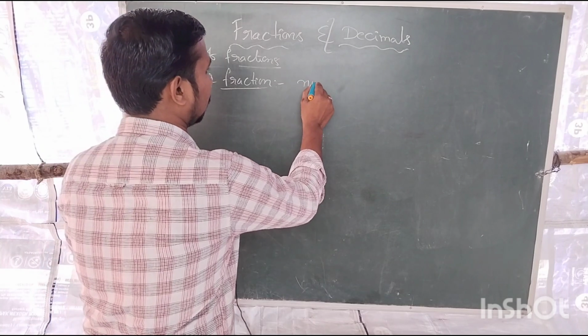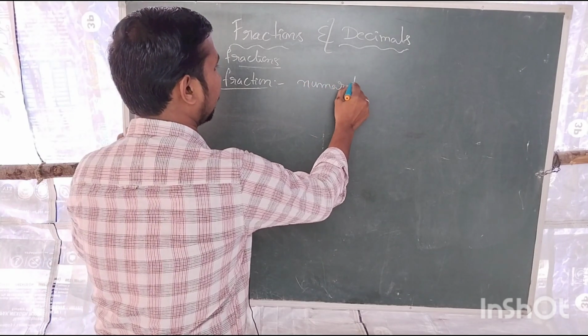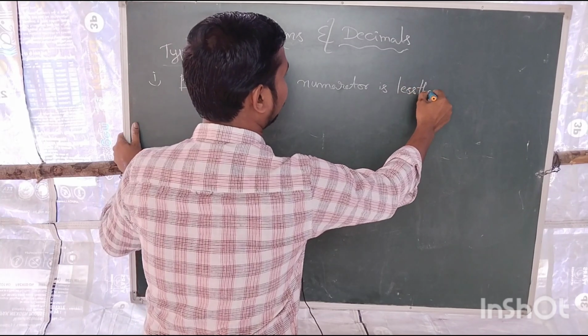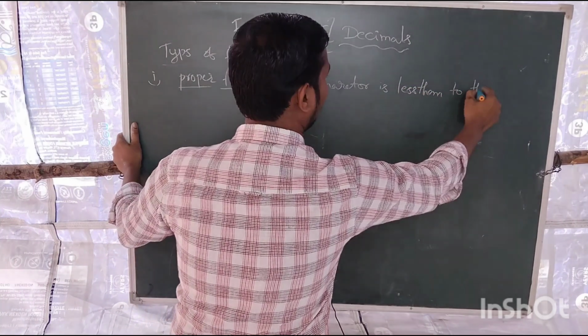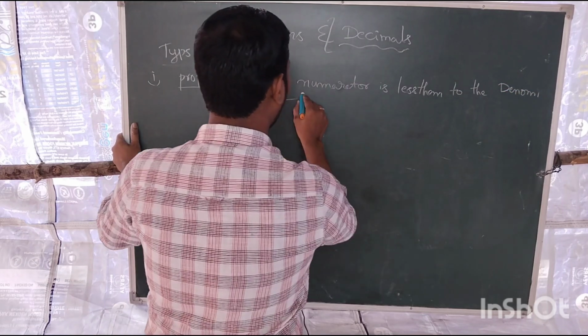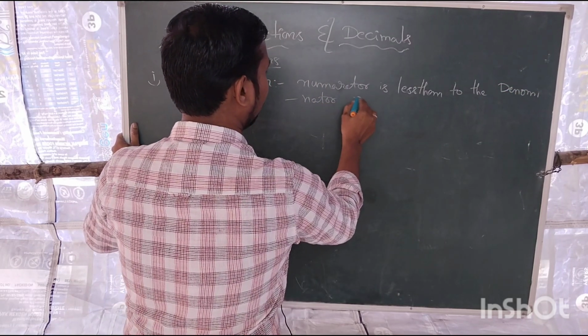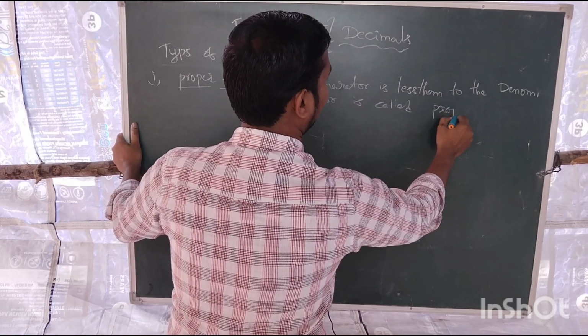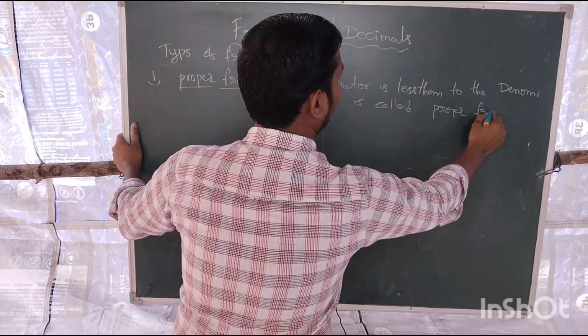Numerator is less than the denominator is called proper fraction.